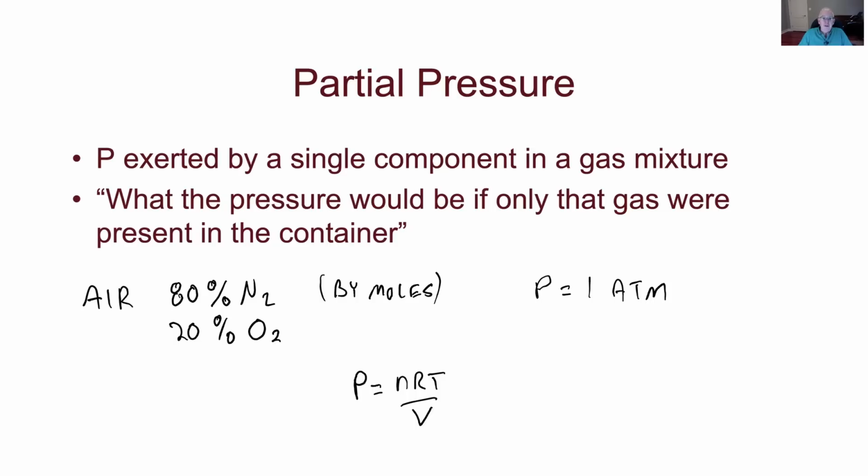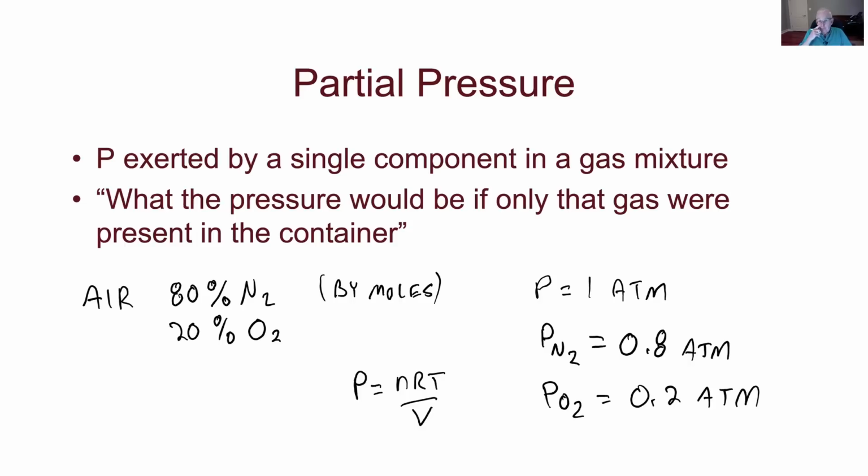That means I'd have only 80% as many moles, and that means my pressure, what I could then call the partial pressure of nitrogen, would be equal to 0.8 atmospheres. And similarly, the pressure of oxygen would be equal to 0.2 atmospheres under those conditions.